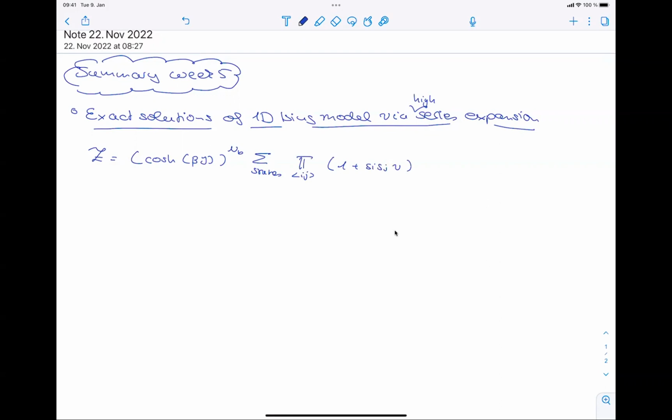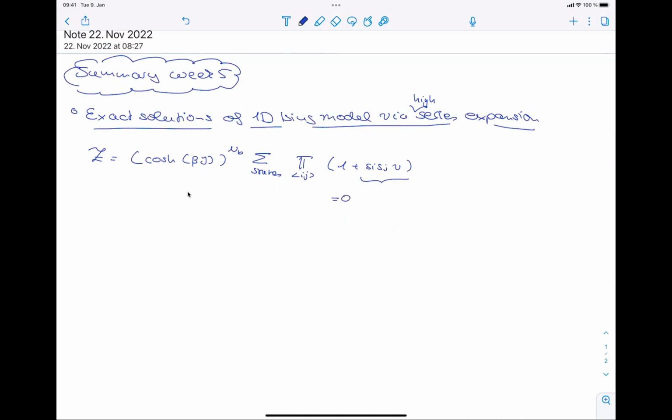And then we saw what determines the partition function is, in fact, if our 1D chain is closed or open, and so this changes the value of this factor.